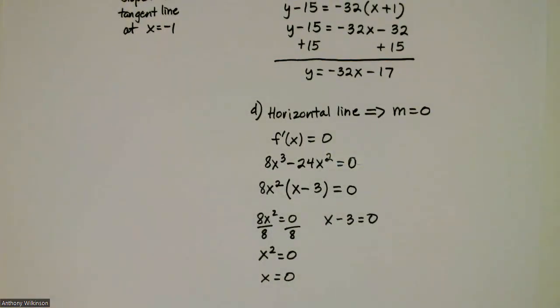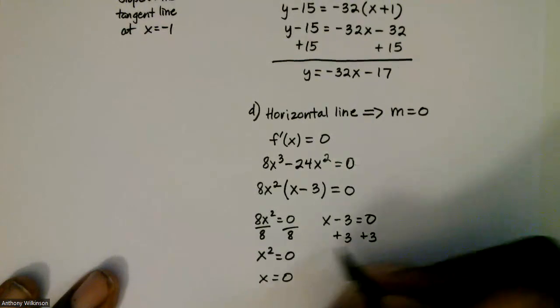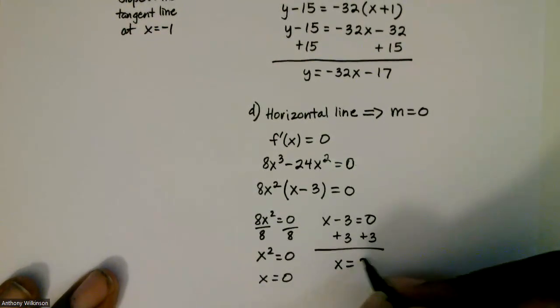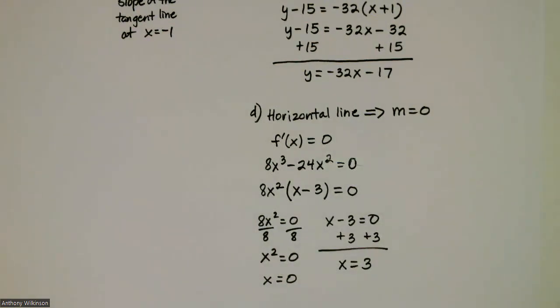So x has to be equal to 0. And now for the x minus 3 equal to 0, if I add 3 to both sides, you'll get x is equal to 3. Okay, so to answer that question, the values of x where the tangent line is going to be horizontal will be at x equals 0 and x is equal to 3.